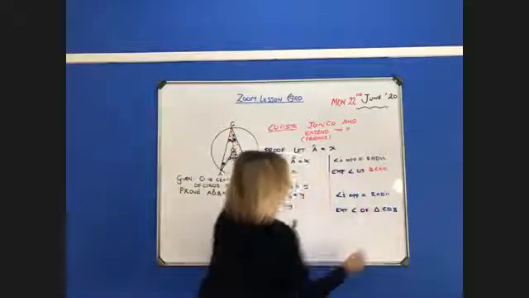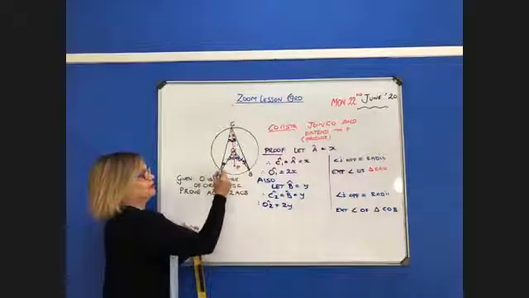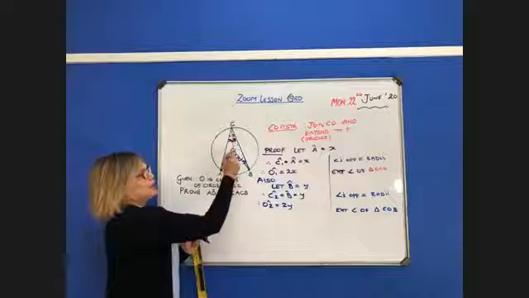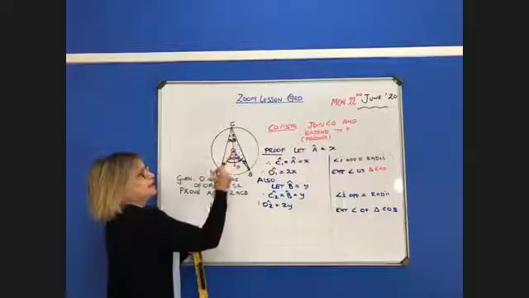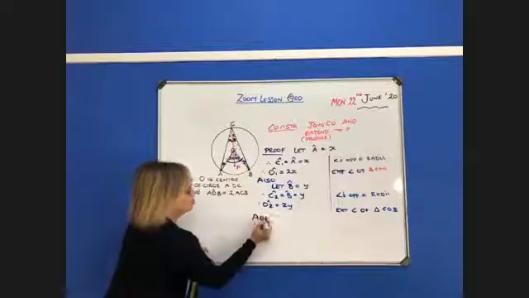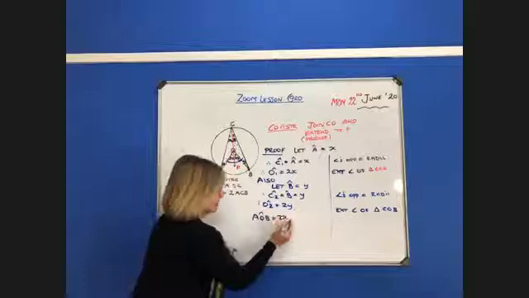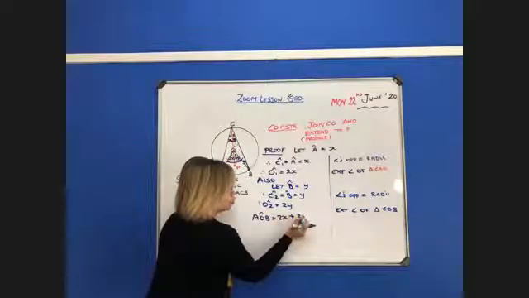Okay? Now, to end off, just look carefully. We specifically want to prove that angle AOB is double angle ACB. So angle AOB equals 2x plus 2y.